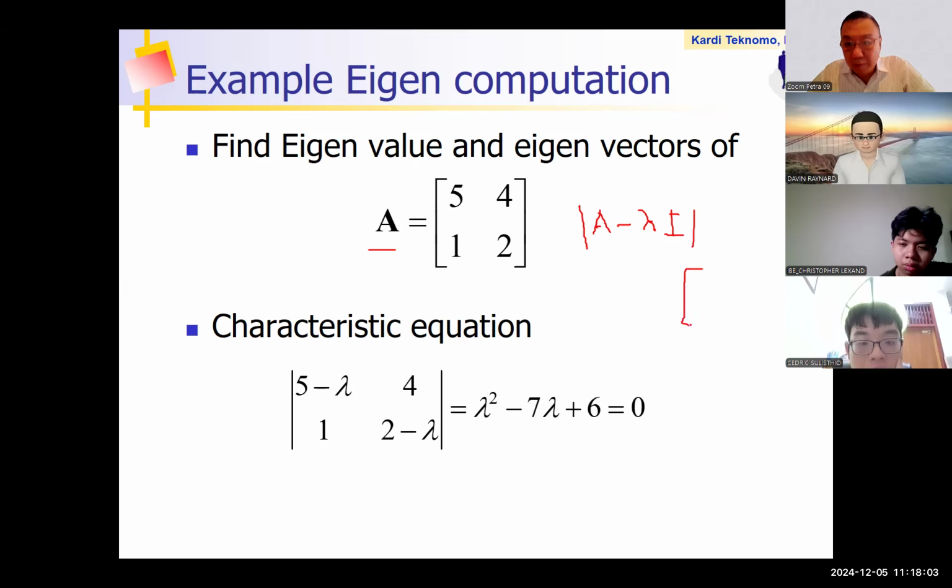What is I? You remember? 1, 0, 0, 1. This is I. Is I the identity matrix, sir? Correct. I is the identity matrix. So lambda times I, so that means 5 minus lambda. This one is 2 minus lambda. Is that okay or not?